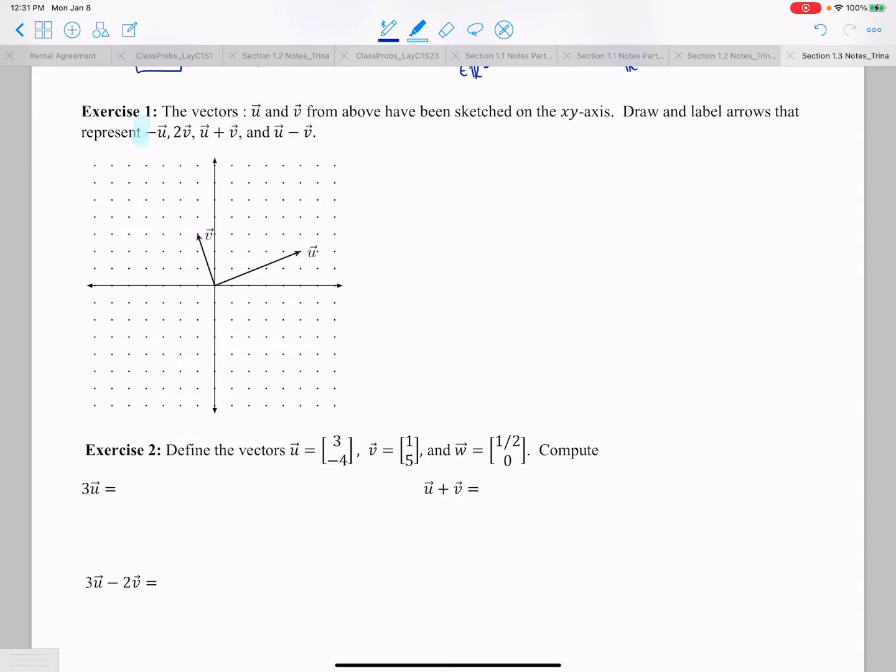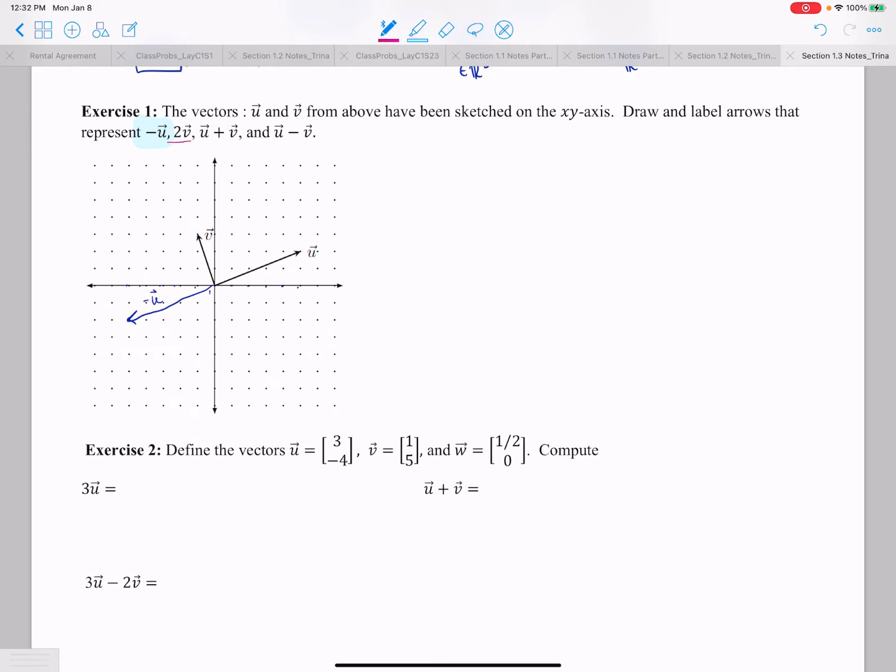When you have a negative u, we're just going to go in the opposite direction. Right now, u goes over 5, up 2. So we're going to go left 5 and down 2.